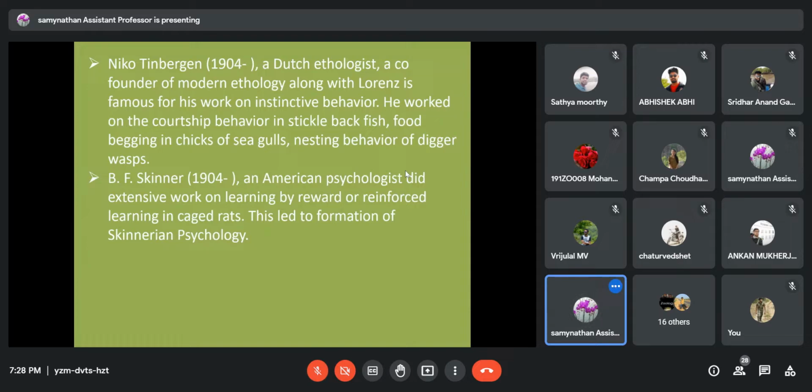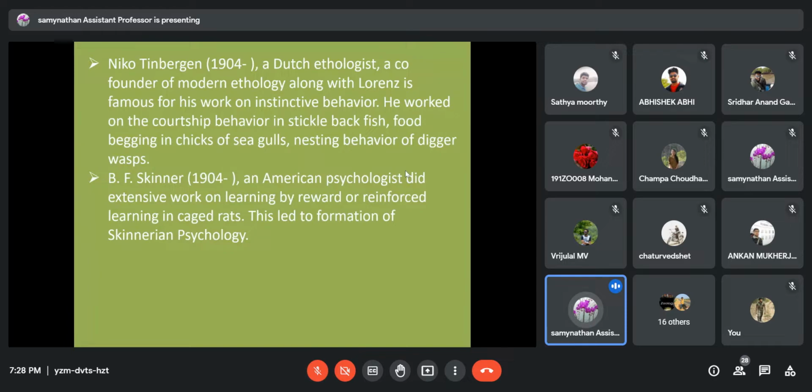Next one, Skinner. Skinner's psychological theories were mostly influential in the education department, in how students are observed in the classrooms and in students' aptitude.